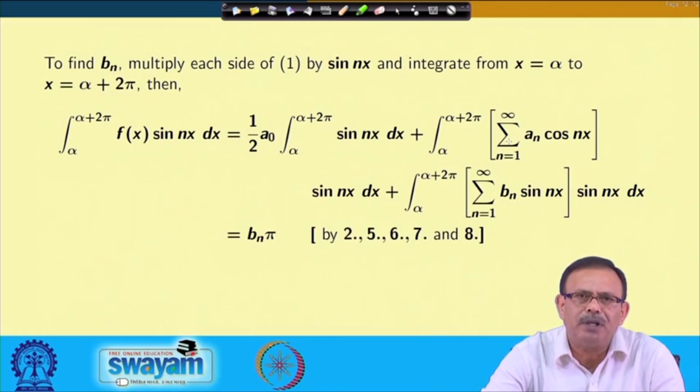So, I will obtain b n into pi. So, b n equals 1 by pi integral from alpha to alpha plus 2 pi of f(x) sin nx dx. So, this establishes the formula f(x) equals a naught by 2 plus summation n equals 1 to infinity a n cos nx plus summation n equals 1 to infinity b n sin nx, where a naught, a n and b n are as given.